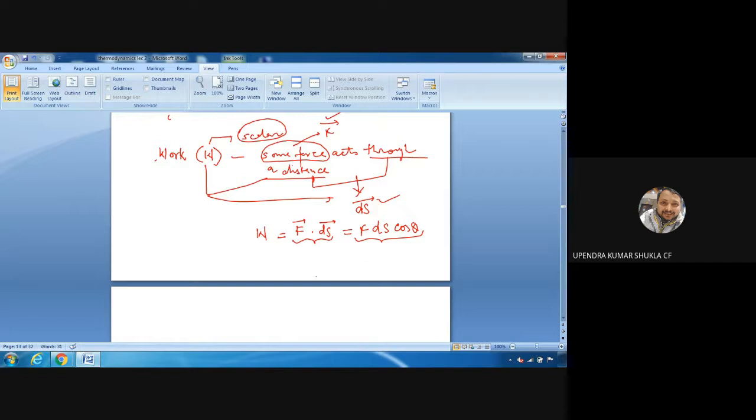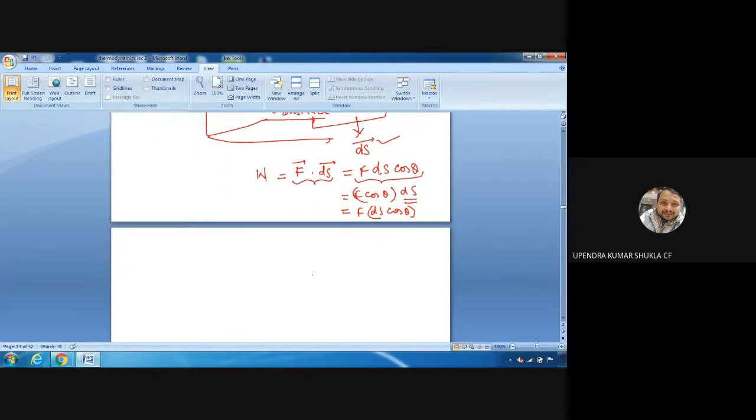You can either put it with F itself, F cos theta times ds, where ds here is scalar, or you can put it as F times ds cos theta. Both ways. So what does it mean? First interpreting F cos theta.